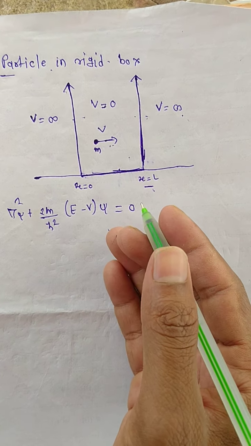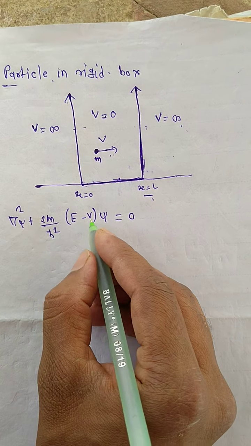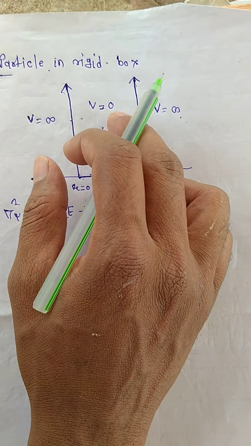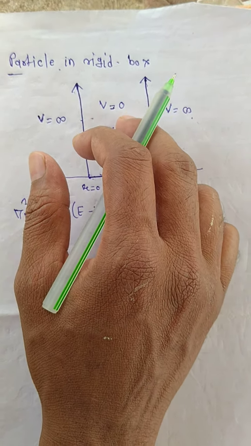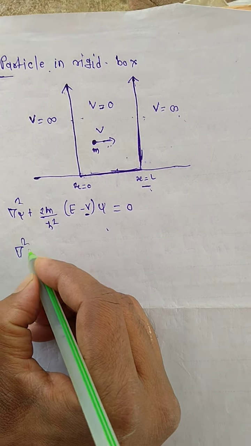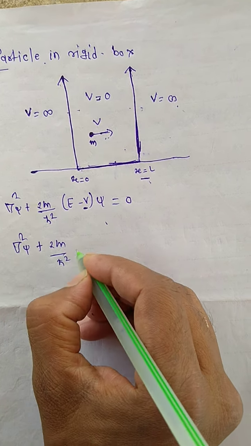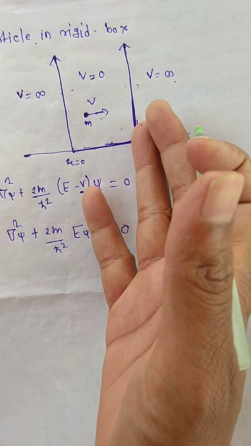Inside the box potential is 0, so V is 0, and the equation becomes del square psi plus 2mE upon h cross square psi equal to 0.